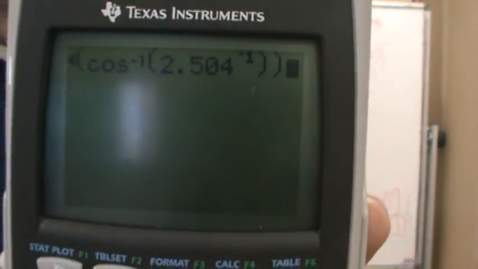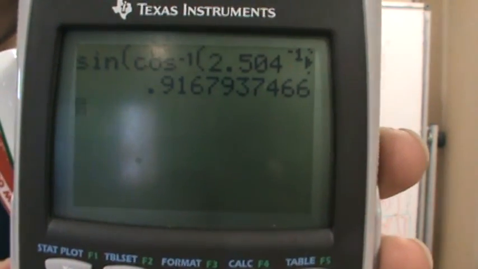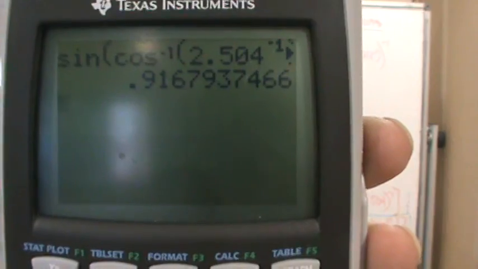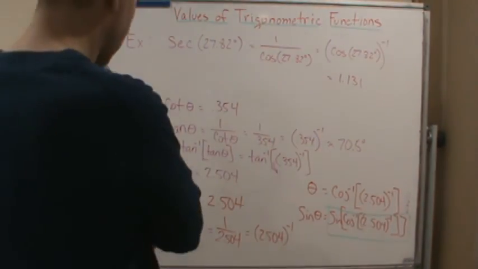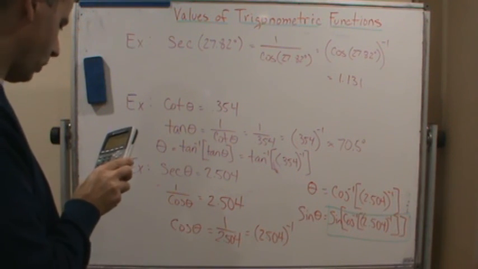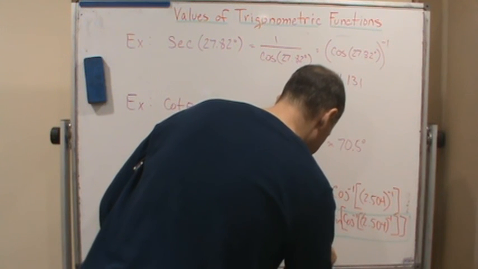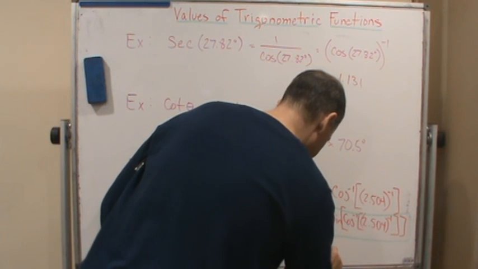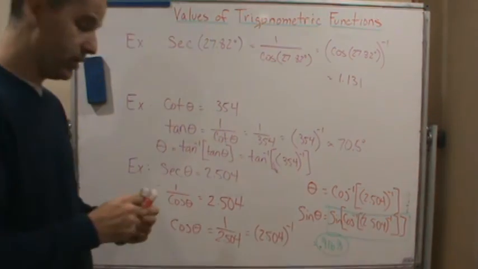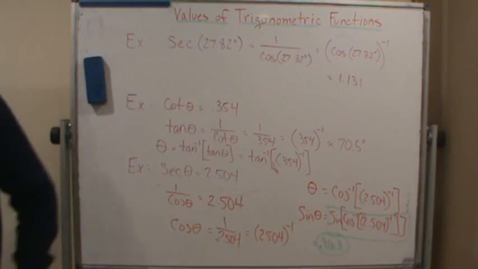And then I end the parentheses, and now I go down and I hit enter, and it's 0.9168. Okay, so the sine of theta is 0.9168. And I rounded to 4 significant digits. Okay, that's it.